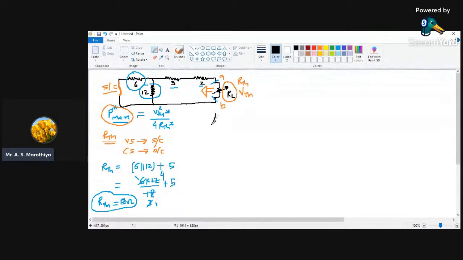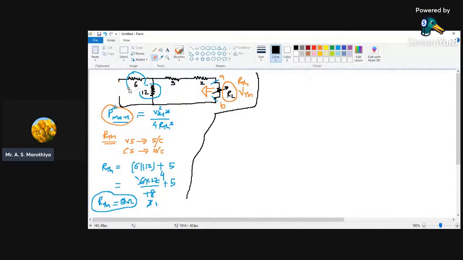Now our objective is to calculate the value of VTH. And to calculate the value of VTH, now what we need to do? Again, we need to connect the independent sources. So let me connect them once again. So here we have a voltage source, and somewhere over here we have a current source.